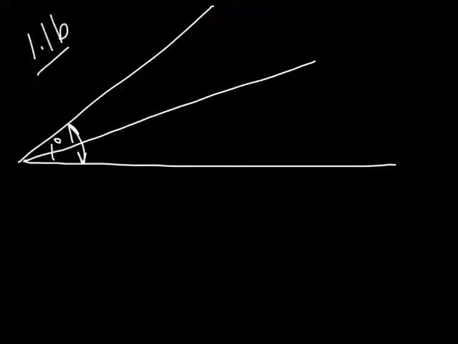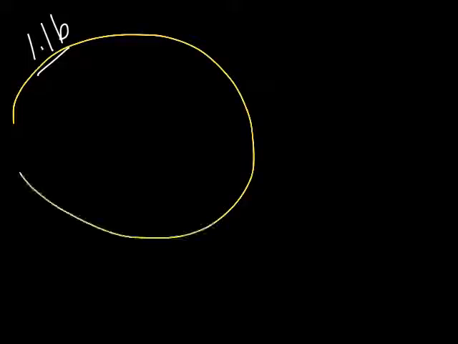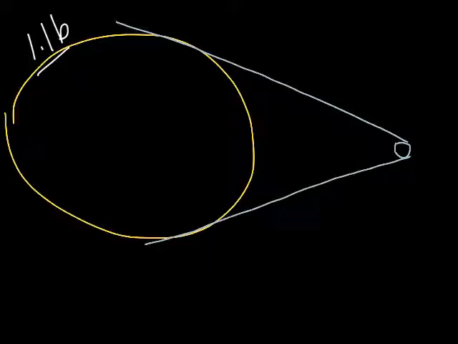So let's use a real-life example here. Let's say that we have the sun right here, and let's make the sun a little bit bigger since it is quite large. Let's make the earth right here. And let's say that we want to find this angle from there to there.